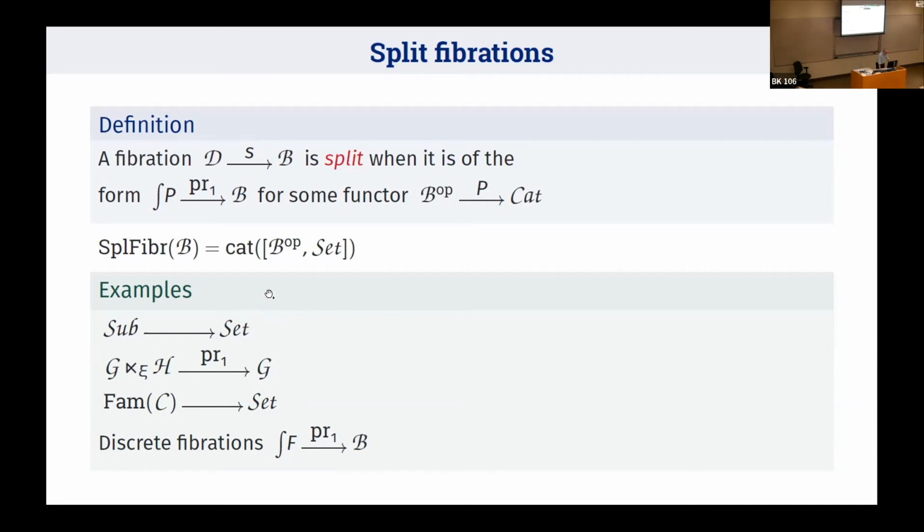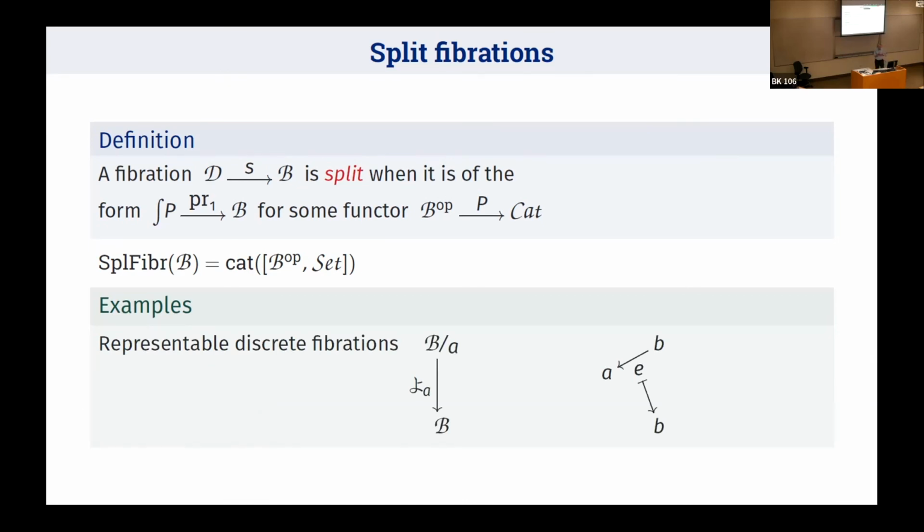As I told you, I can use Grothendieck universes, but do not worry about sizes. Examples of split fibrations: all the examples that I've constructed coming from a real functor. So essentially in this list, you don't see the codomain fibration because that was the only example that didn't work.